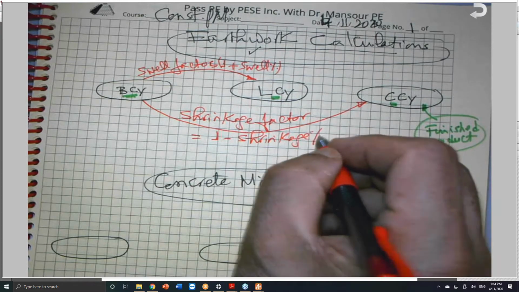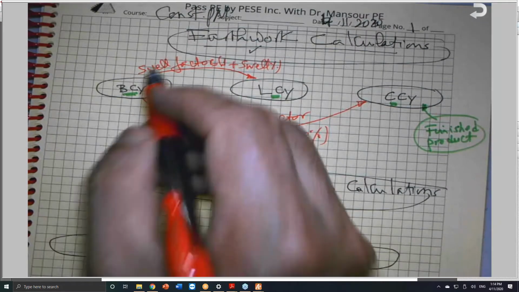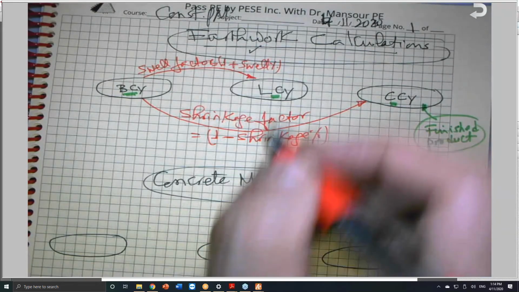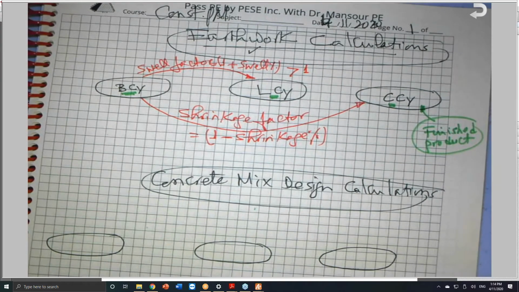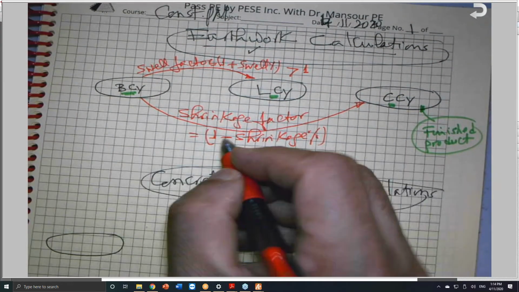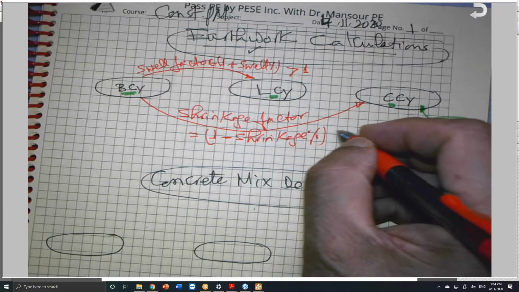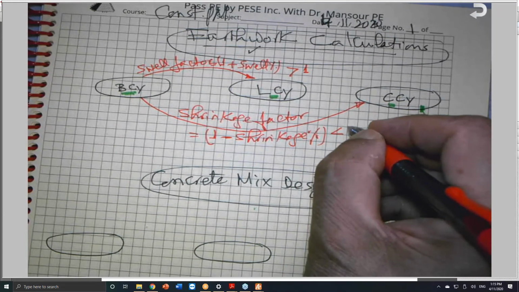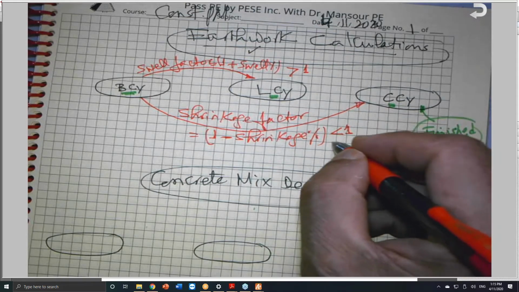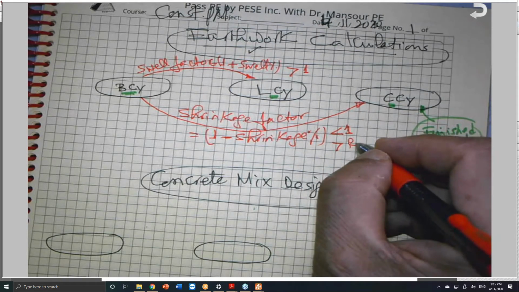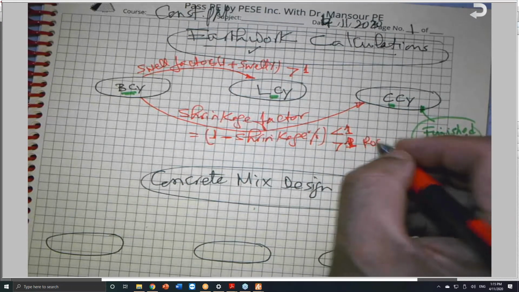So the swell factor is a factor greater than 1. The shrinkage factor, which is 1 minus the shrinkage percent, you will find is less than 1 for most soils, but greater than 1 for one case, which is rocks. Greater than 1 for rocks only.